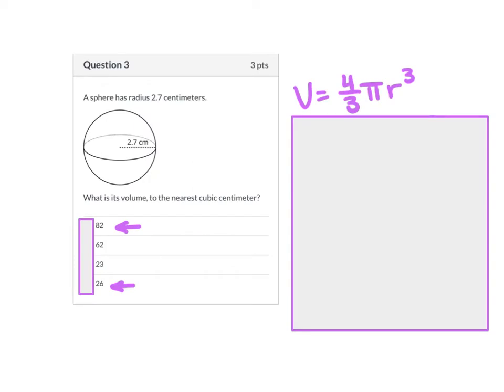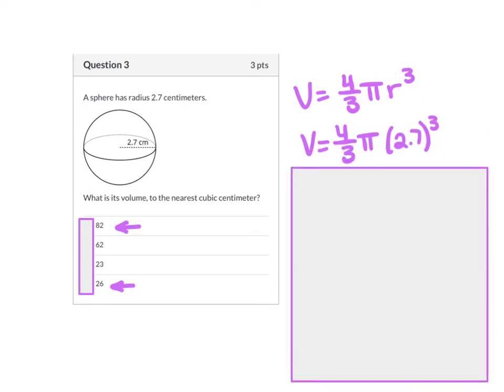I'd like to start this problem by saying almost everyone chose either this answer or this answer. And you'll see in my work why these were the two popular answers, but only one of them is correct. So I start with my sphere formula, substitute the radius that was given to us. Please notice the radius is cubed in these problems.